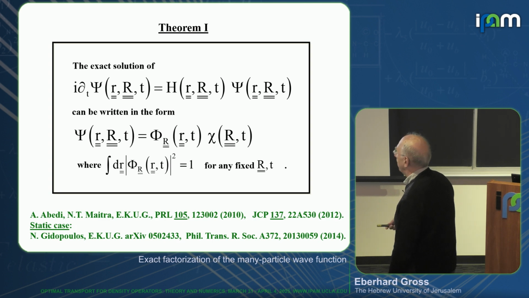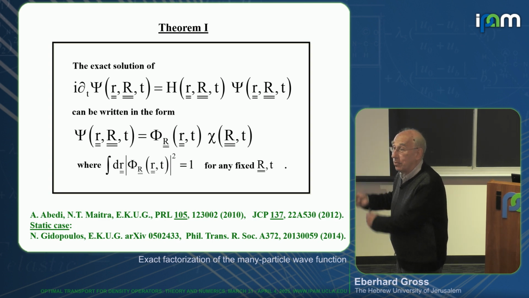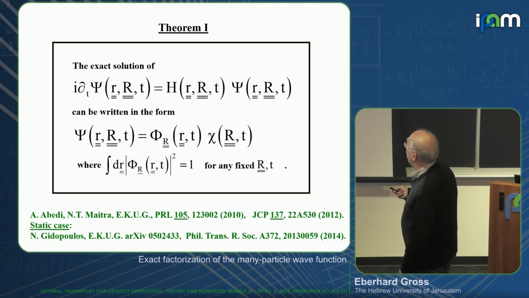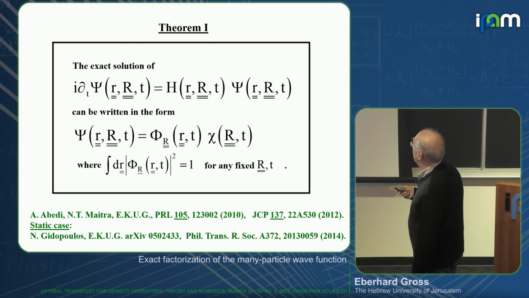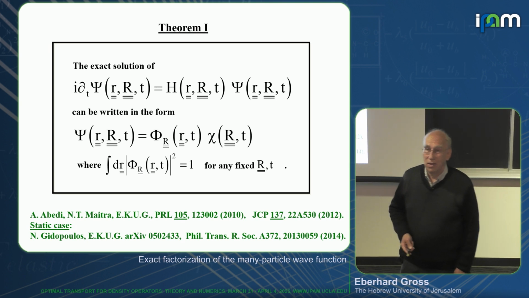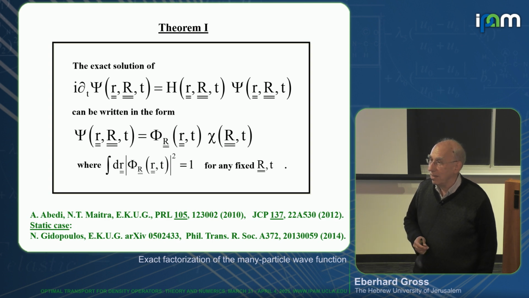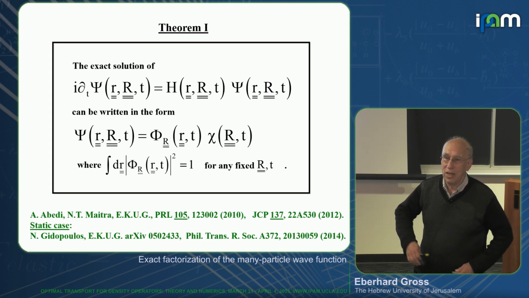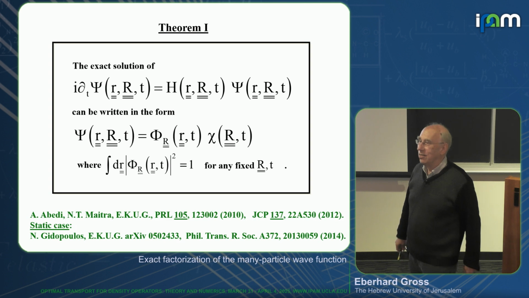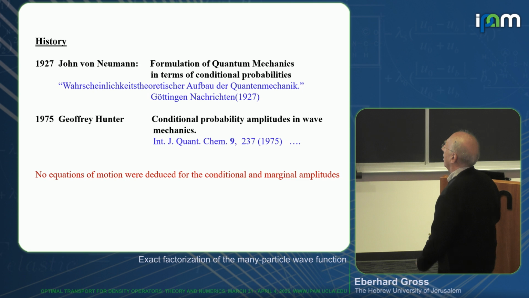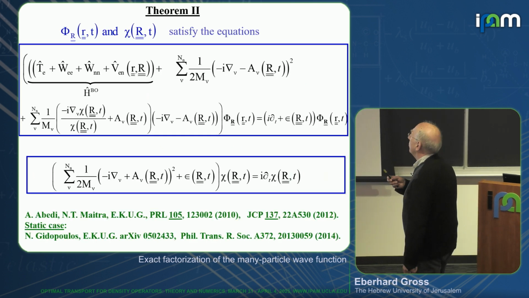And that's all there is here. Well, it's for the absolute square of that equation. So you need to make sure that if you multiply this with e to the minus i theta of capital R and this one with e to the plus i theta of capital R, which is the same factorization, then this doesn't change anything. And indeed, this corresponds to a gauge transformation of the equations that I'm going to show you. So then it's perfectly fine.